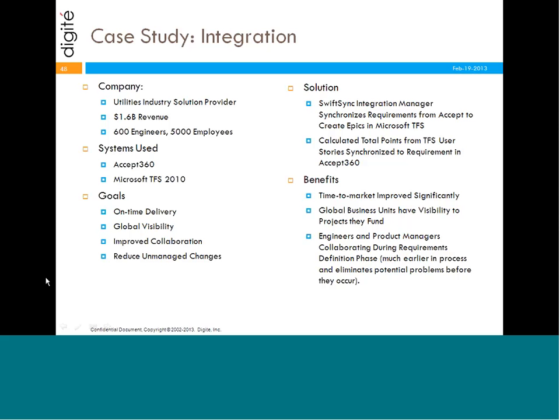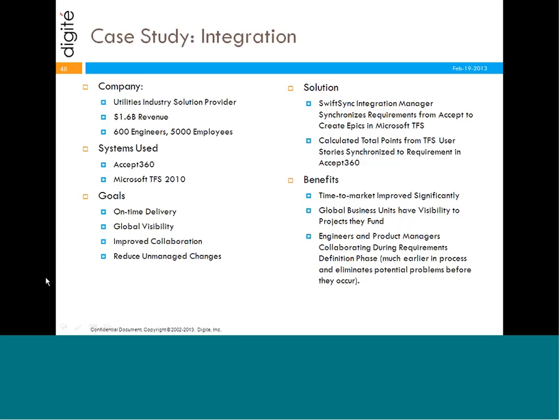They implemented SwiftSync Manager to synchronize requirements between Accept 360 and create corresponding epics and user stories in Microsoft TFS. And of course, calculation of total points from TFS user stories synchronized back to the requirements in Accept 360, so that people in the product management and marketing functions had some idea about what was going to be the effort to deliver a particular requirement that they were asking for.